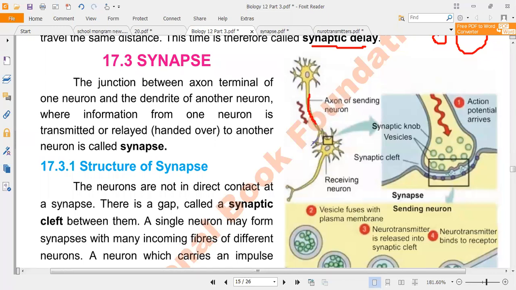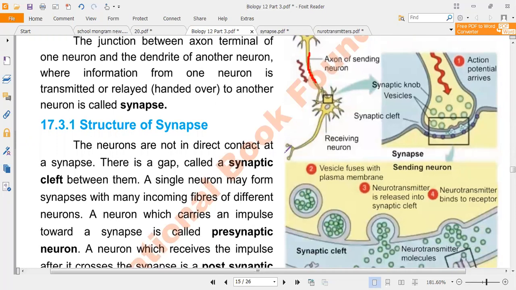This is the connection from where the information from one neuron is transmitted or relayed, meaning handed over, to another neuron. That is called synapse. First we'll see its structure, then we'll see its detailed transmission and function, how it happens. So this one is the synapse.